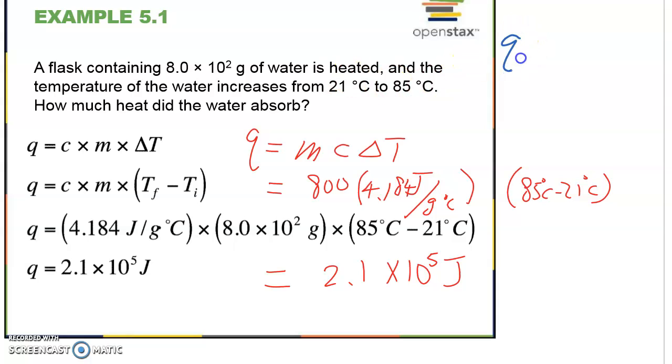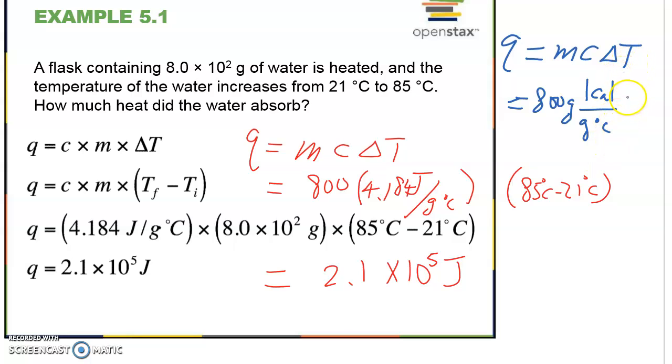I'm looking for heat. When I look for heat, I'm happy because I can memorize the formula: mc delta T. That would be equal to the mass, 800 grams. What is the specific heat capacity for water? It is 1 calorie per gram degree Celsius. Then I also need delta T, which is 85 minus 21 degrees Celsius.